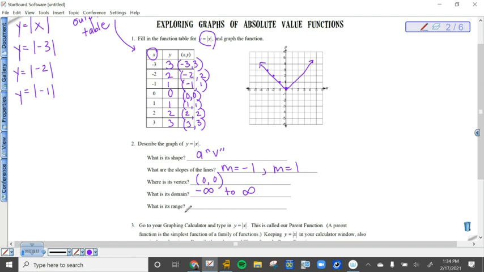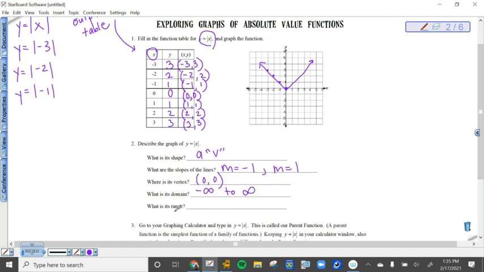And then my range is all the possible y values, all the possible values vertically. Is this graph going to touch every single value from -infinity to +infinity? It is? Does it go down here at all? No. How could it go down there?